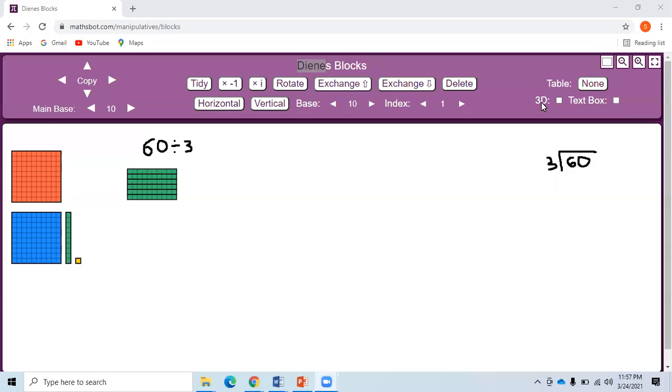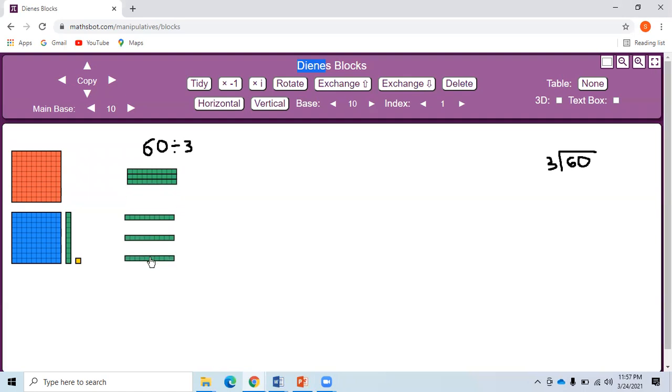Zeros in the quotient. We're going to start out looking at 60 divided by 3, or 3 divided into 60. I've already created the model of 60 using 6 tens. Because my divisor is 3, I need to create 3 equal rows.